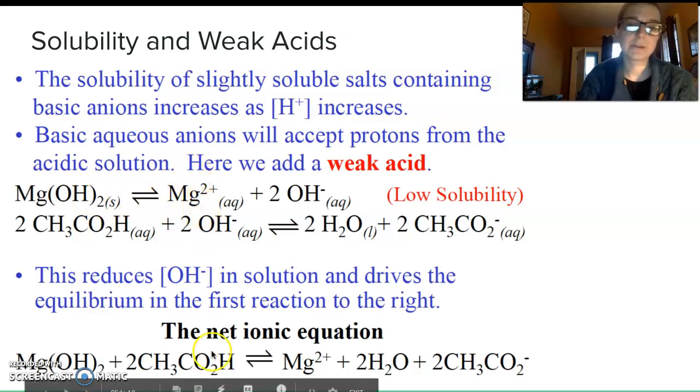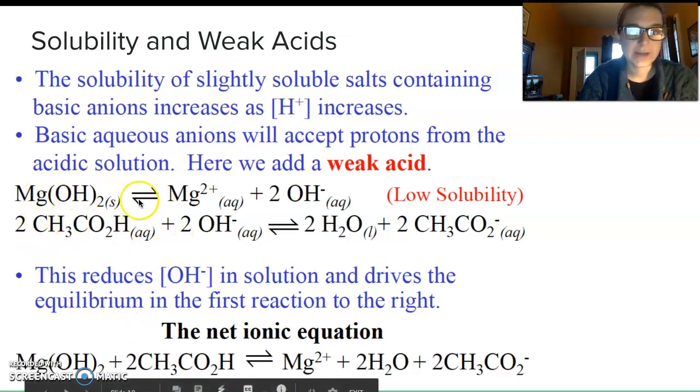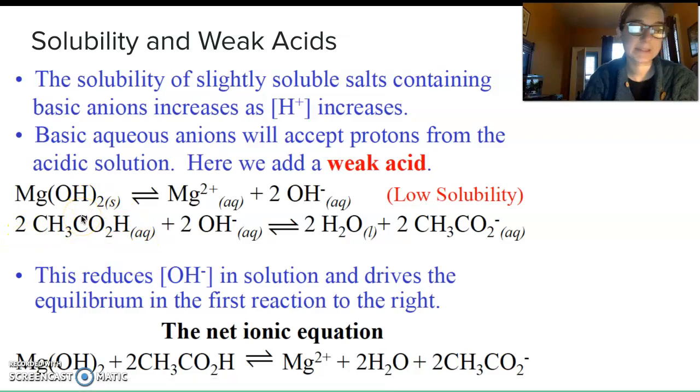If you add these two equations together, the net ionic equation is Mg(OH)2 plus 2CH3CO2H, yielding Mg2+, 2H2O and 2CH3CO2-. Again, this is a weak acid. Whenever there's a weak acid, we can't just show H+ because it does not dissociate 100%. It tends to favor this form.